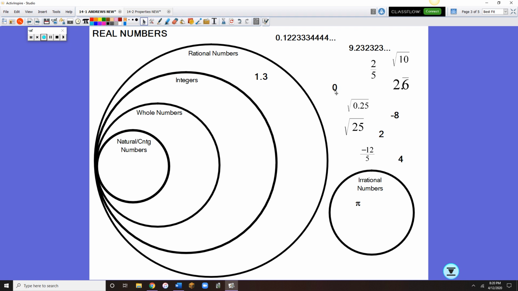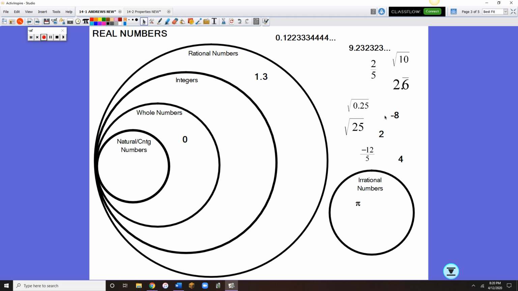Okay, 0. 0 is a rational number. Okay, it's also an integer. It's also a whole number. But I can't bring it into the natural or counting numbers because 0 is not included. So I'm going to leave 0 in this ring.